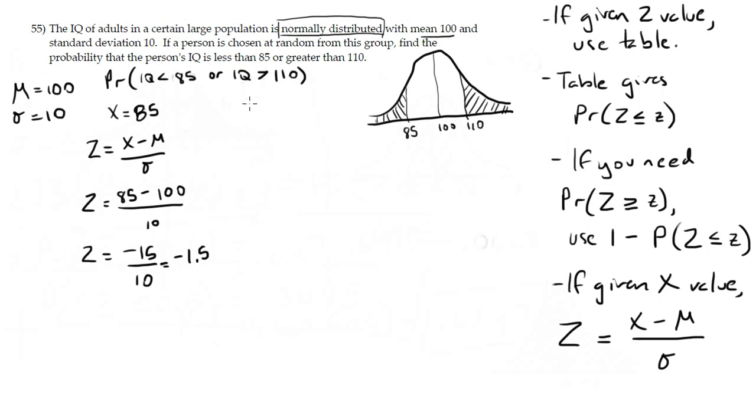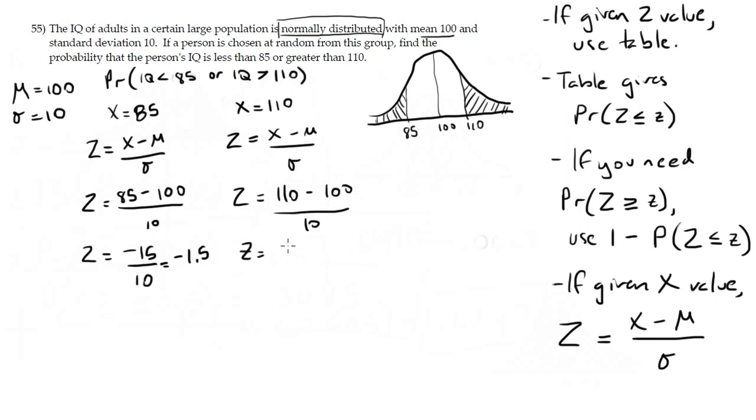The z value when x equals 110, that's literally one standard deviation above my mean, so I know that's going to be 1. But let's still show with the formula. X minus the mean divided by the standard deviation. 110 minus the mean, which is 100, divided by the standard deviation, which is 10. So this is 10 divided by 10. So one standard deviation above my mean.